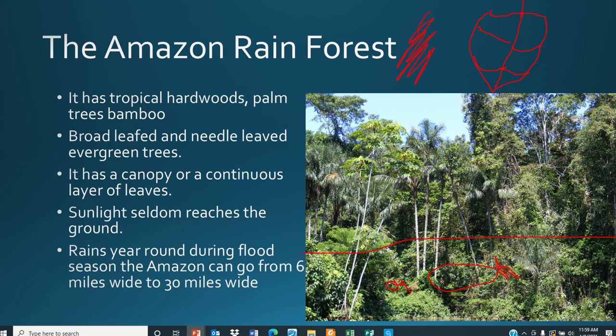I'm hungry. I'm going to open my mouth with its sharp teeth. Yummy. Anyway, when it overflows its banks, it can be up to 30 miles wide, and it can cover this rainforest. Fish can be swimming around in there. It's crazy. It's actually pretty cool.